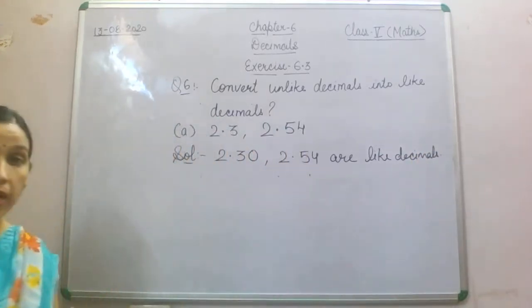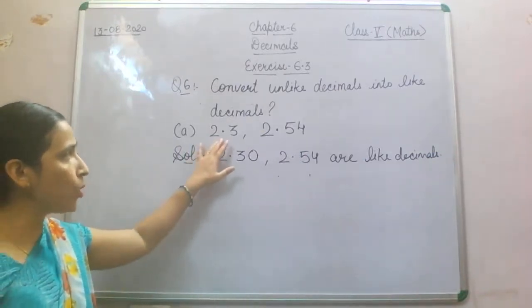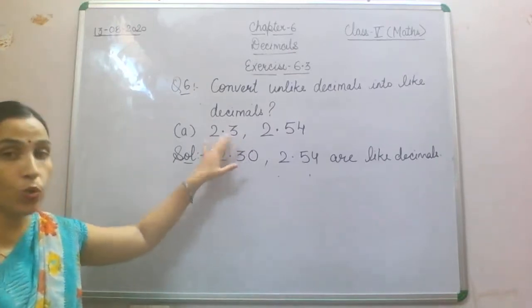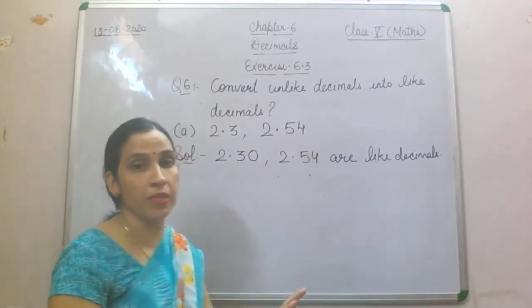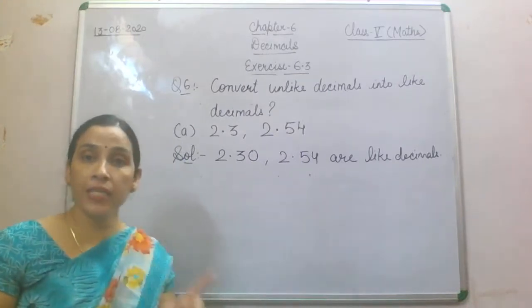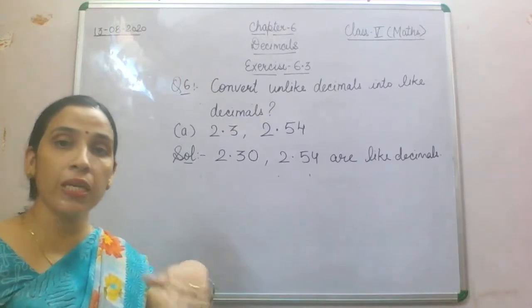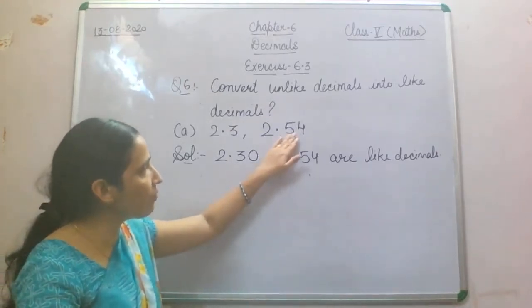Now what is required in this question? You have been given a pair of numbers 2.3 and 2.54. As you can see, in the first number you have 1 decimal place and in this you have 2 decimal places. We will change the number which has the least decimal places to match the number which has the maximum decimal places. Now here we have 2 decimal places.